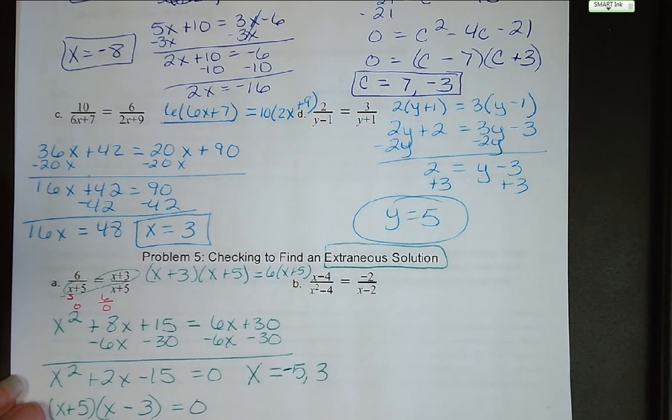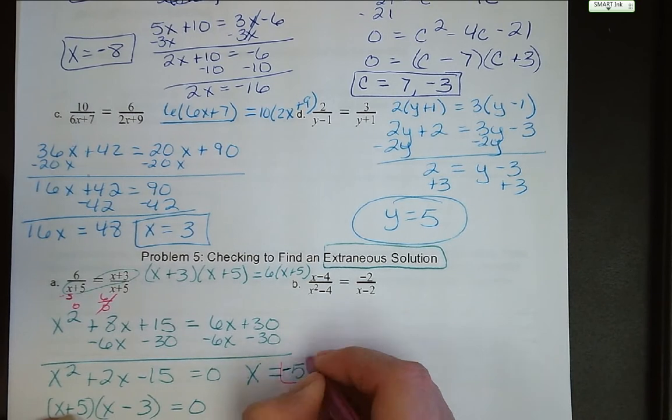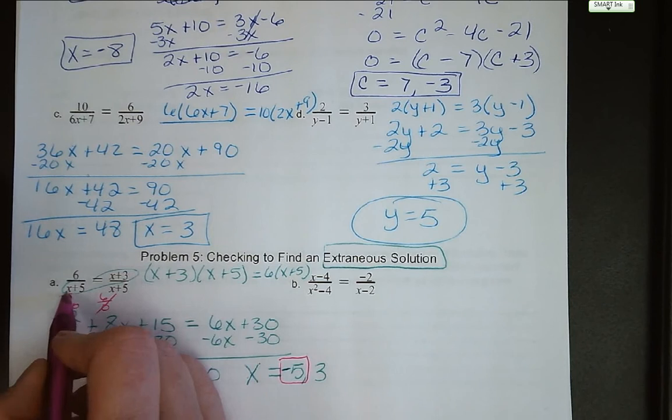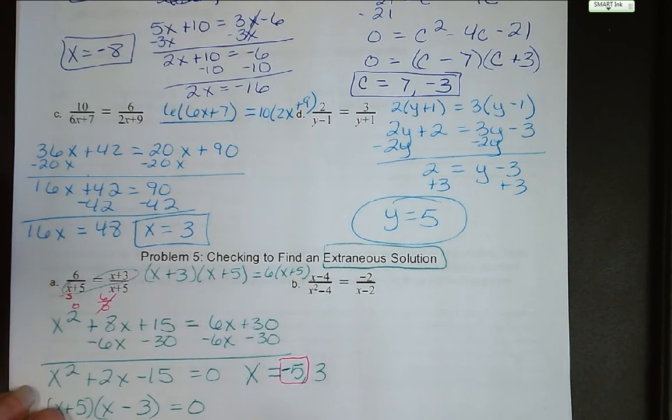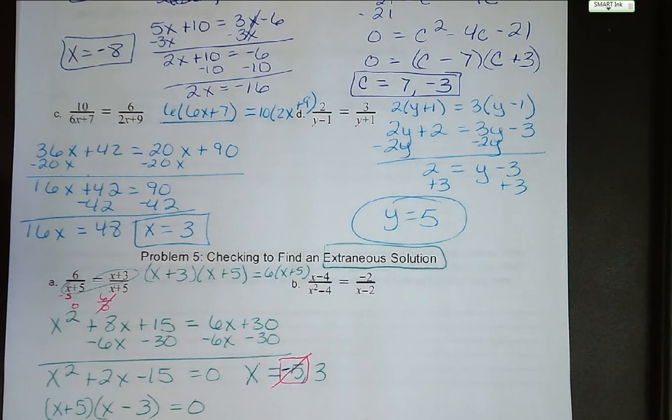Oh, you can't divide by 0. So it is, what do we call that word? Undefined. All right. So there you go. Now you see that that is our extraneous solution because it can't be a solution because it's undefined. Okay? And if you plug in 3, you would see that 3 plus 3 is 6, 3 plus 5 is 8. You get 6 over 8 for both of the fractions.